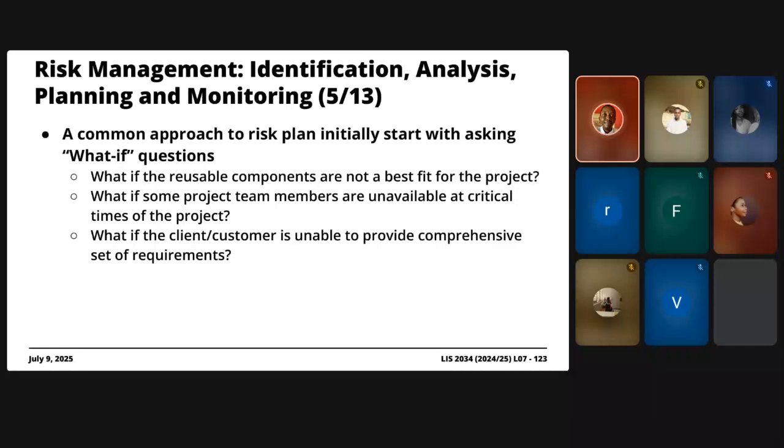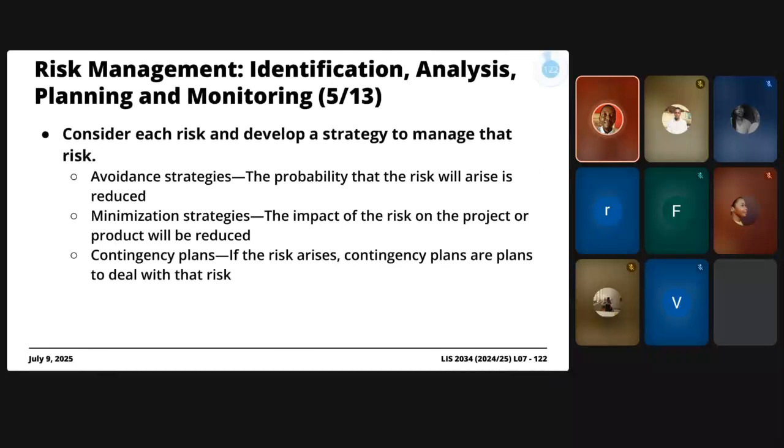Ask leading questions like, what if one of our team members is unavailable at an important time, like when we need to prepare the proposal? What are we going to do? That question is going to help you determine a contingency plan. You understand this?